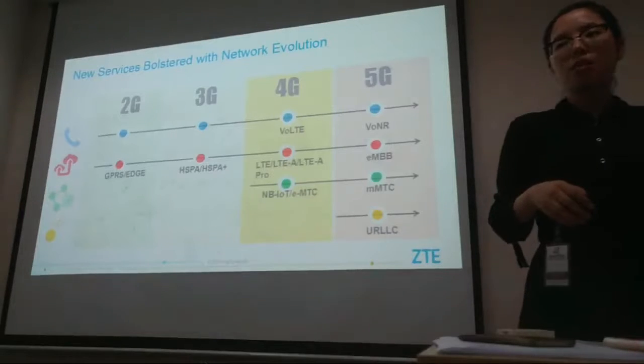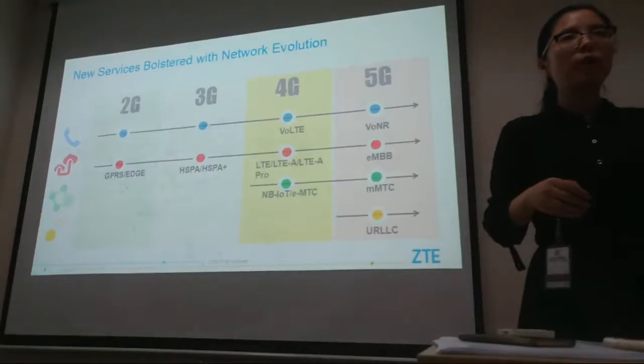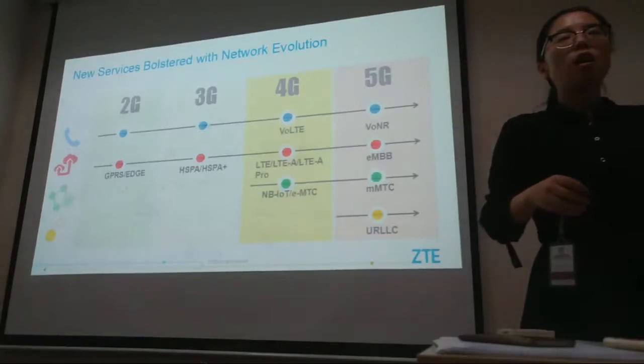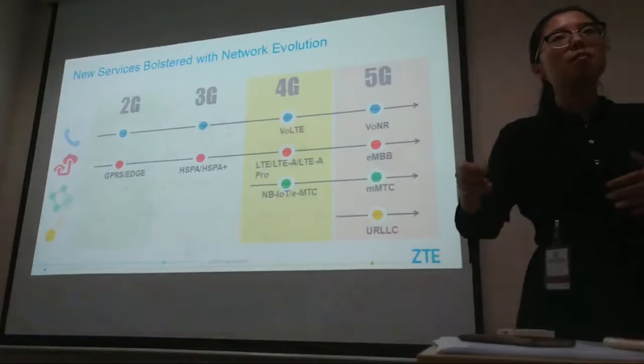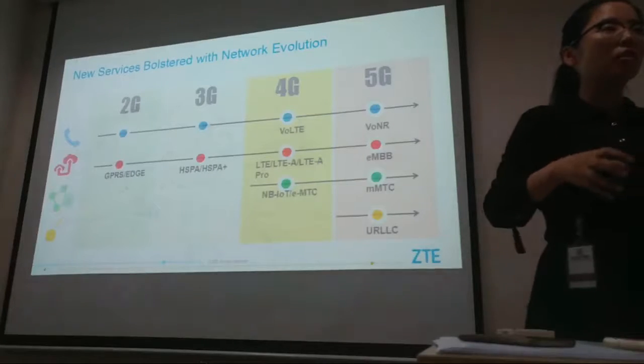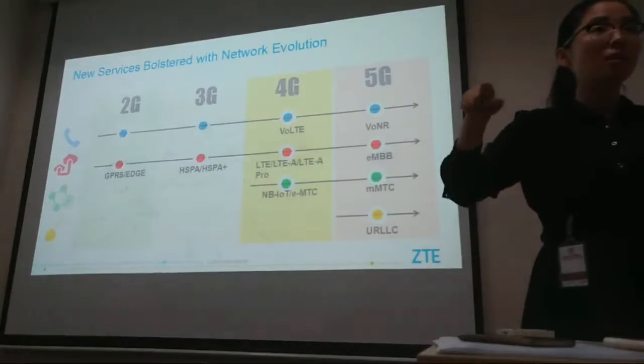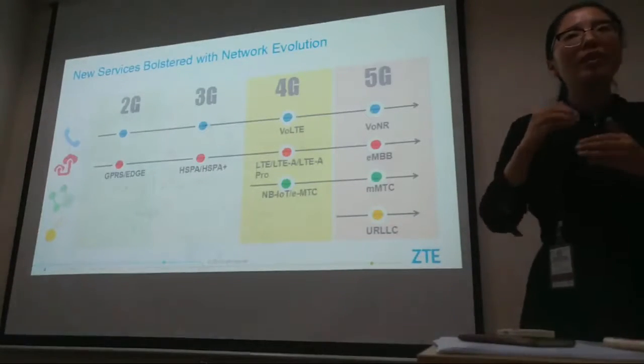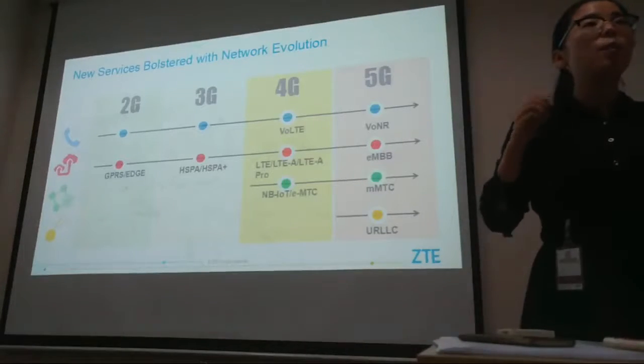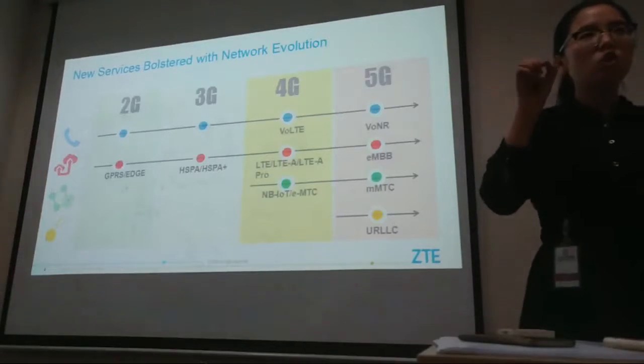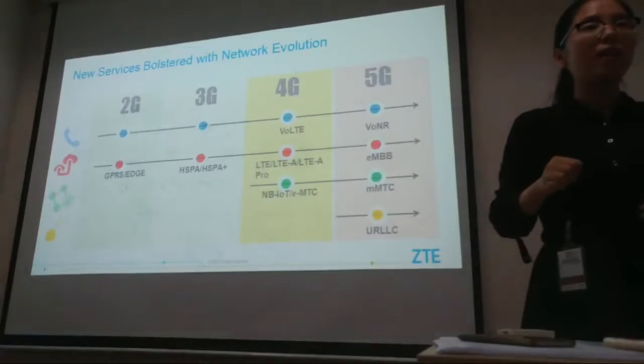And for some smart hospitals, for example, maybe in the future, if we need to have an operation, it's not the doctor but a machine that performs the operation. So we need high reliability and a very short time delay.